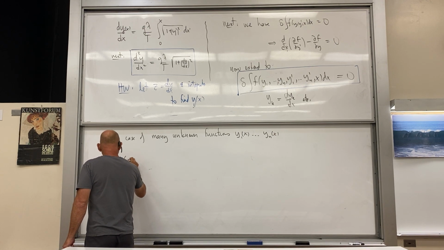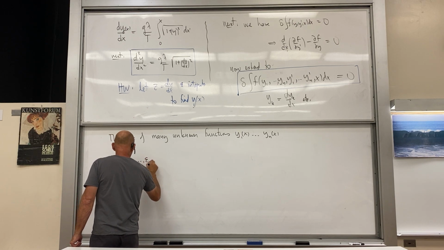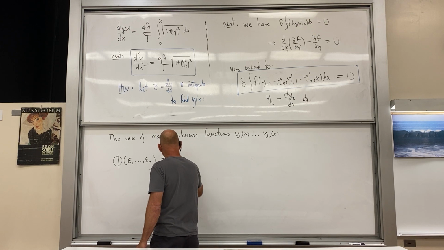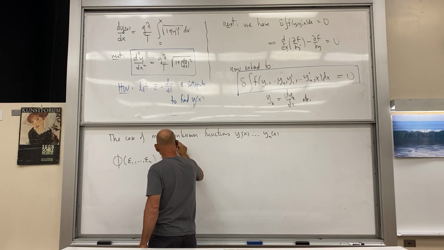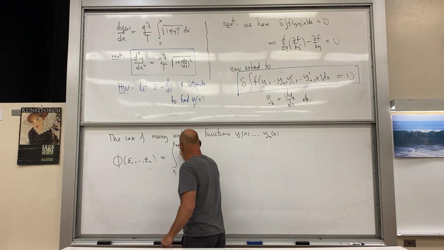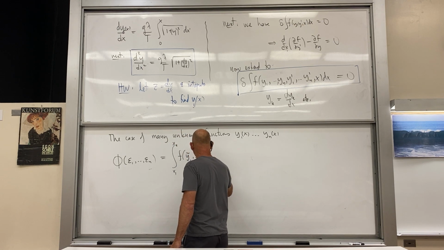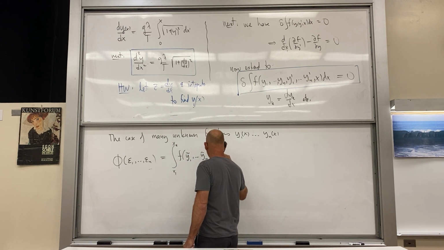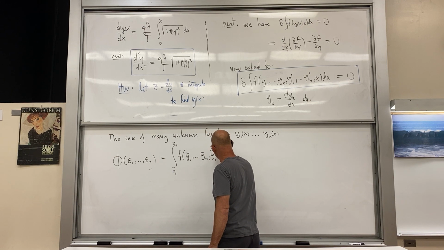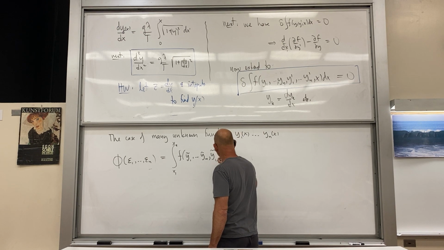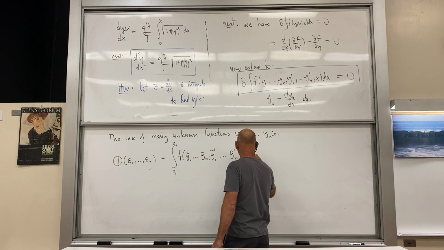Phi of epsilon 1 to epsilon n is equal to the integral, I'm going to write x sub 1, x sub 2, maybe I'll write a and b this time, 1 and 2. F of y sub 1 tilde, y sub 1 prime tilde, to y sub n, I think tilde on top, x dx.